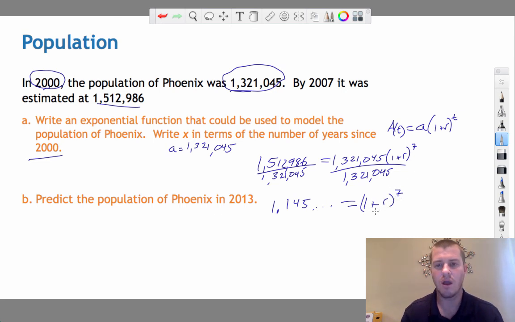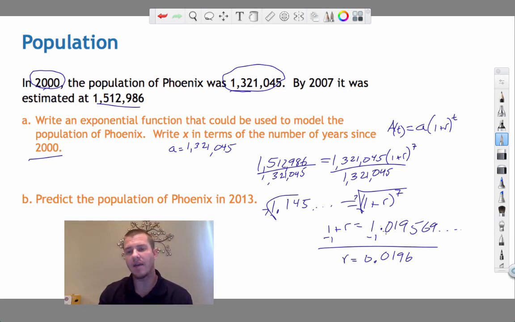To solve for R, I take the 7th root of each side. After I do that, I get 1.019569 and so forth. I'm going to round to 4 decimal places here. So the growth rate is 0.0196 and so forth, which really means 1.96%. But when I'm using it in this formula, I'm going to want to use that decimal value.